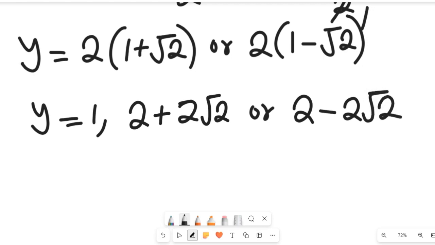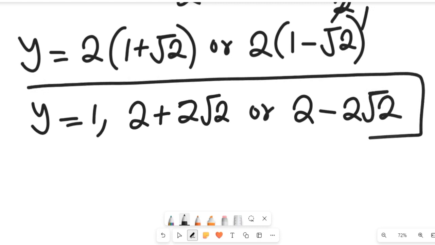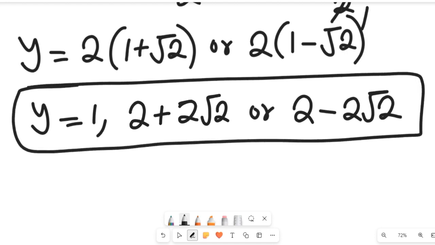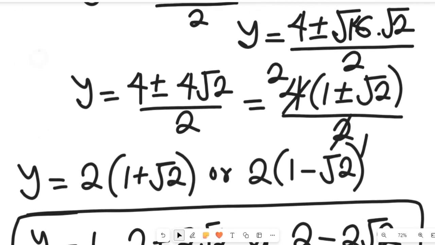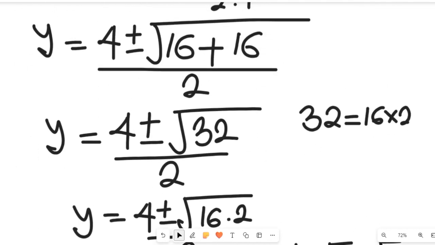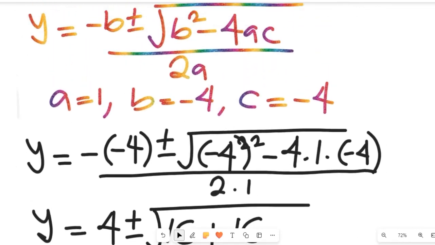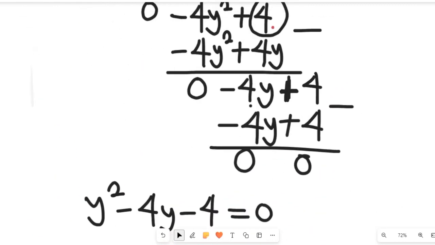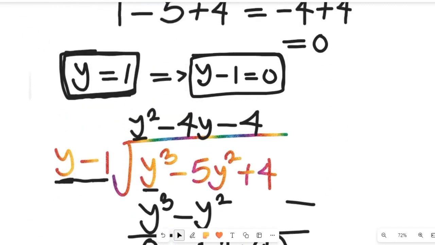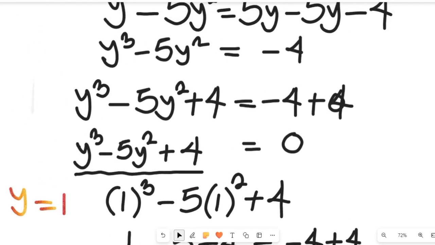Root 2. So these are the solutions to that polynomial equation that was given to us from the beginning of this video. I know you did enjoy watching this. This is a typical way of solving a polynomial equation using the basic polynomial formula.